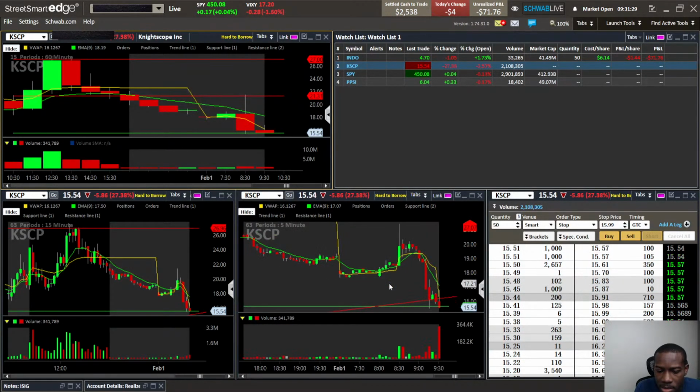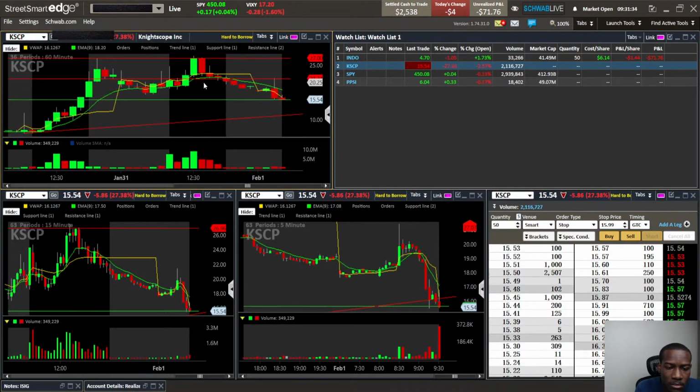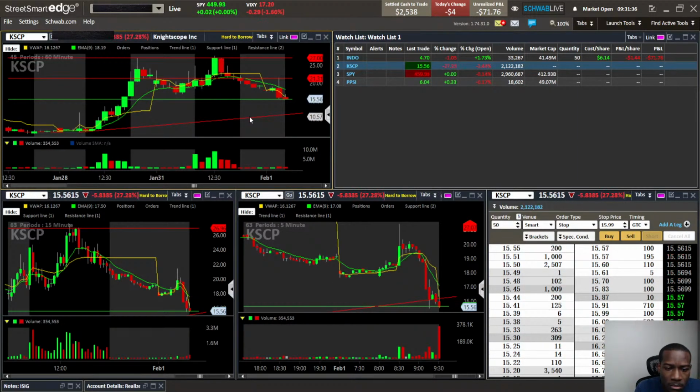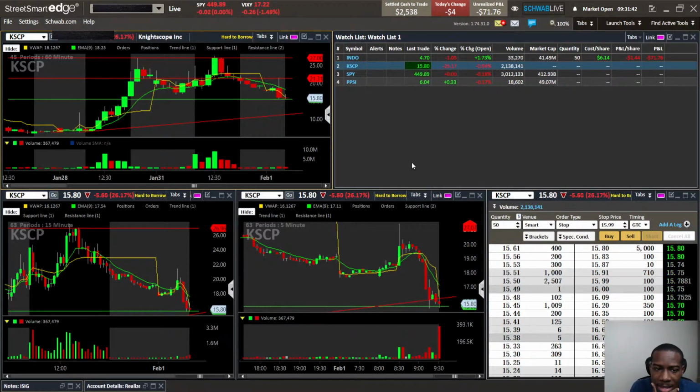All right, there's this slipping down through that level, about to break the 1550s. The SPY coming on down off the 450 just a little bit, maybe like 20 cents, not much. Back up to the 450 there.